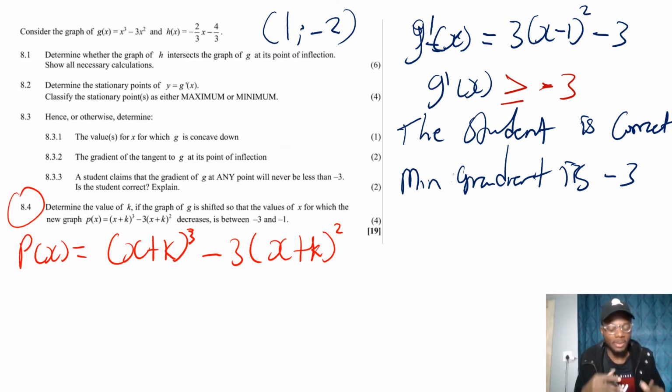If you see plus, it means shifted to the left. So it is shifted k units to the left. Then we must find that k.